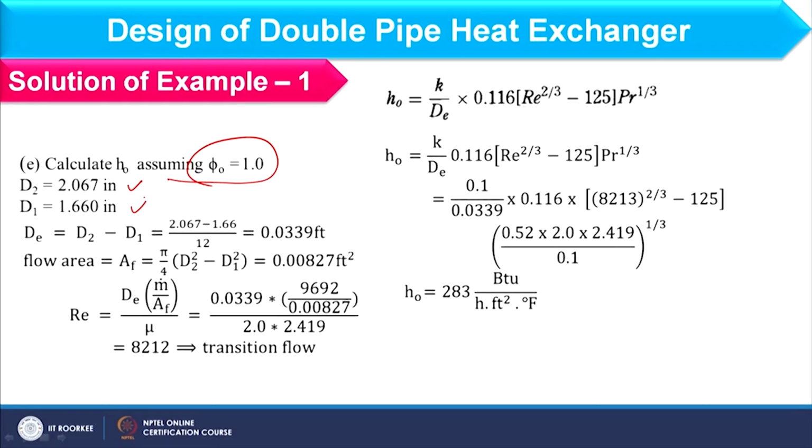These should be corresponding to 2 inches and 1.25 inches nominal diameters, if you remember, fine, because in annular side we have to consider equivalent diameter, not di or d naught. So, for that purpose we have to calculate the di and d naught.